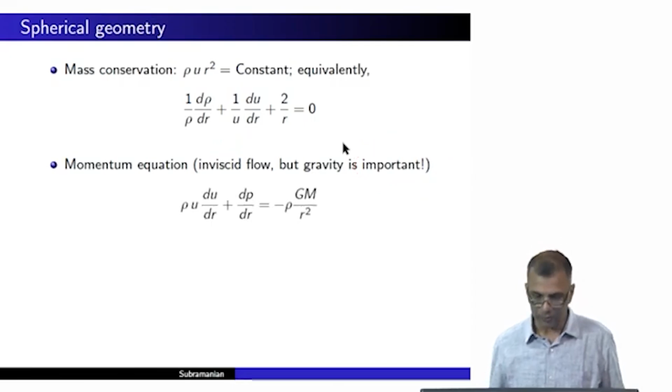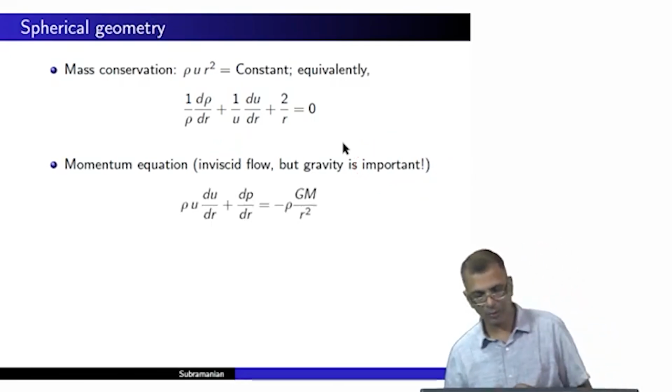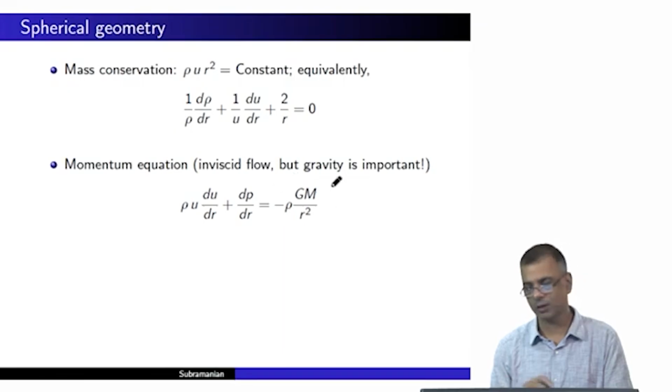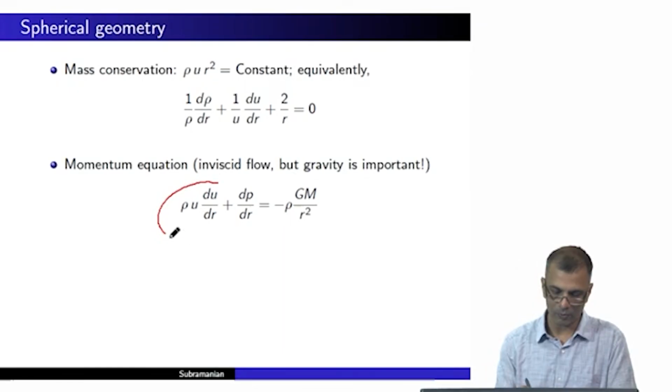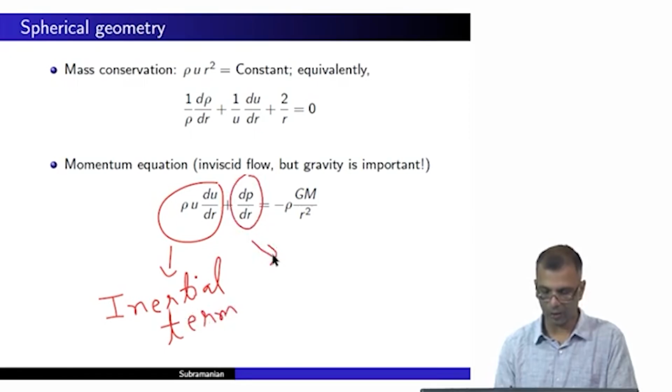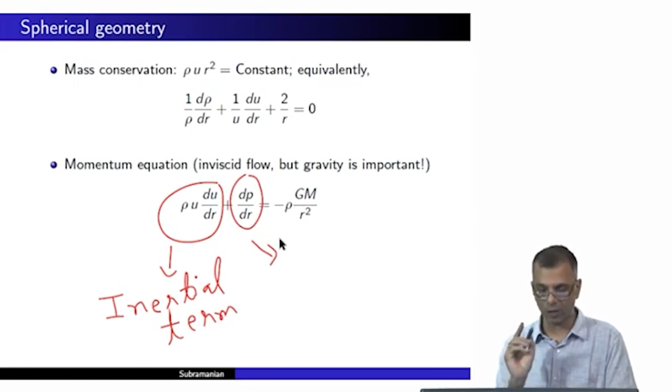So the momentum equation: now you recognize the dp/dr, and this is the inertial term, and this is the body force term. This would be the inertial term, the pressure gradient. We don't know what the pressure is yet; we will solve for it.